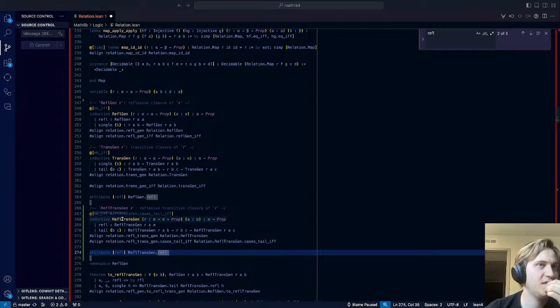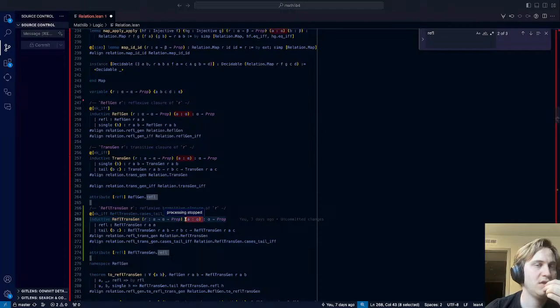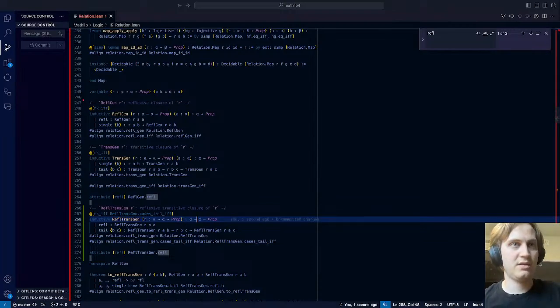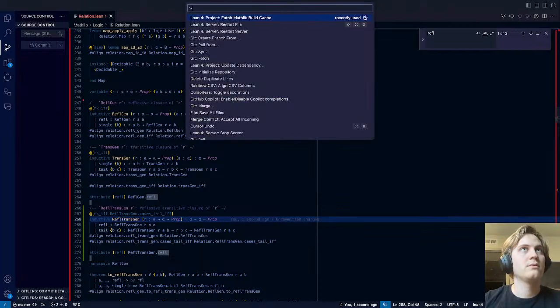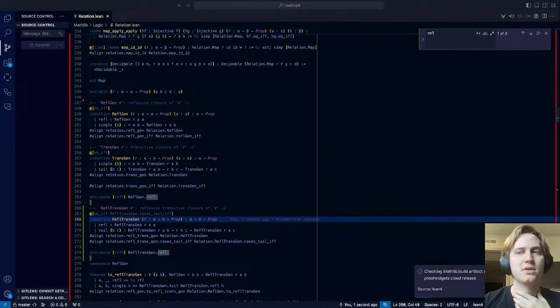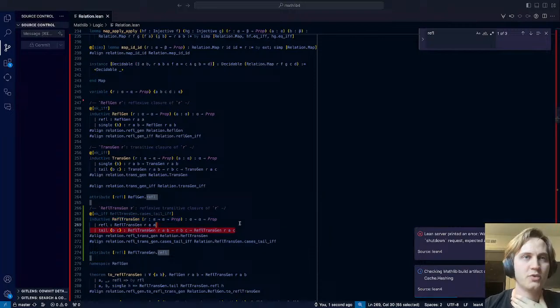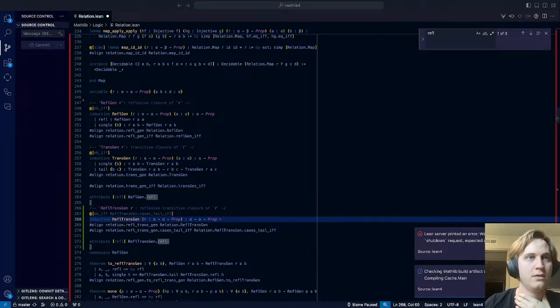And I feel that this should in fact be totally changed. Alpha to alpha. Sorry, I need to have this be building. Please fetch the Mathlib build cache. Okay, so the Rufl Transgen is going to be a much more simply defined thing.